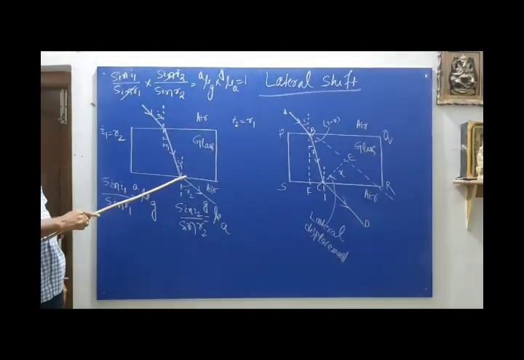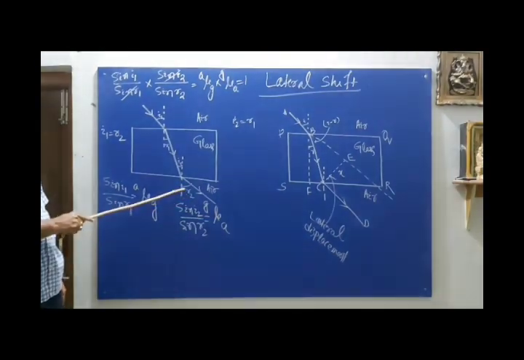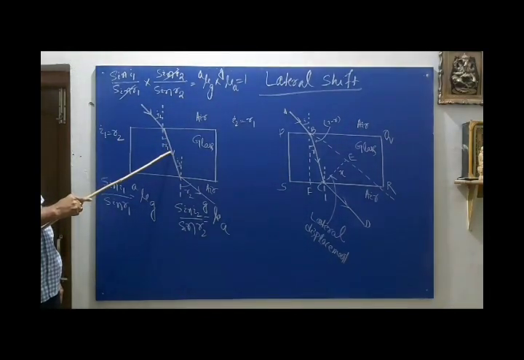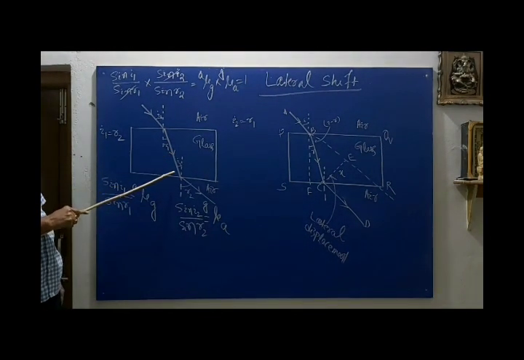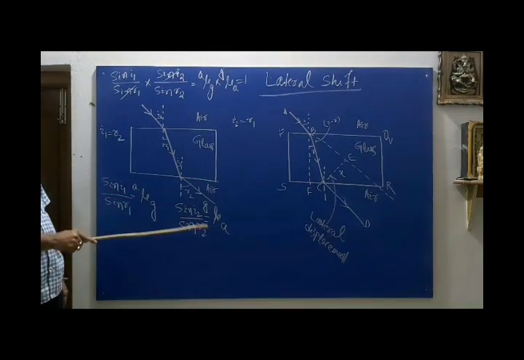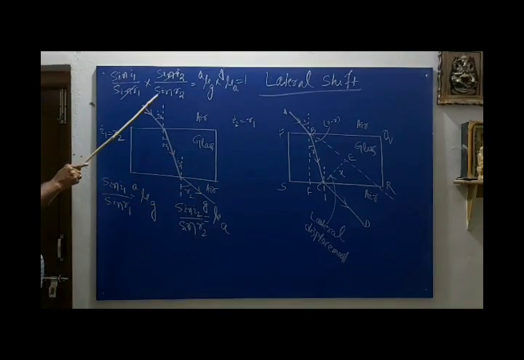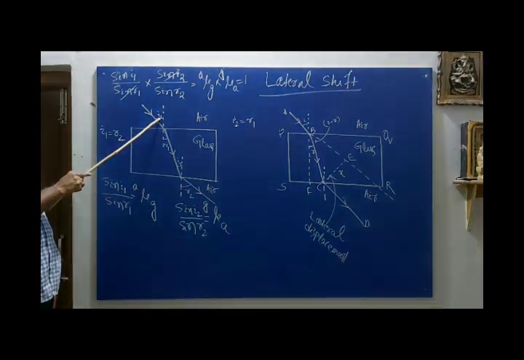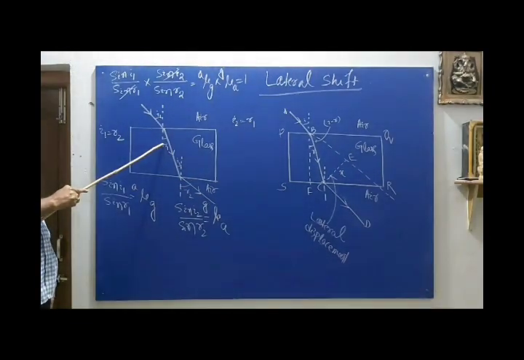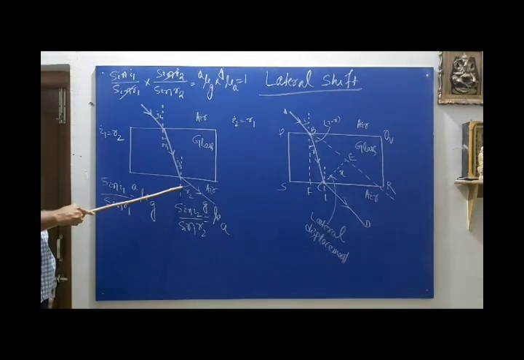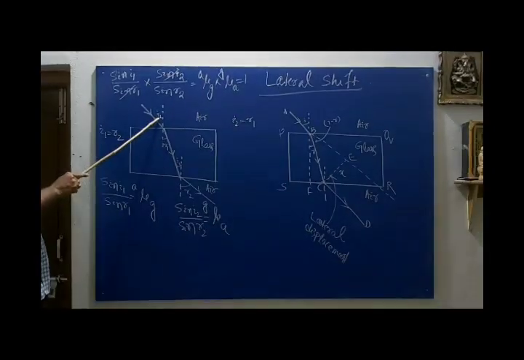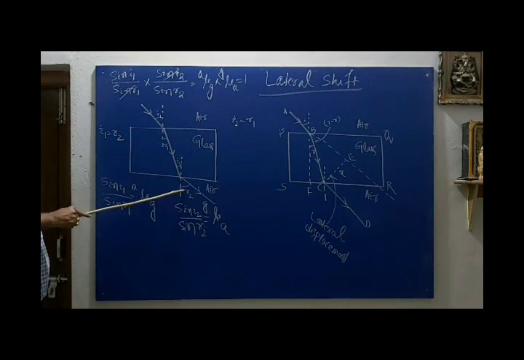So when the ray of light is finally refracted and comes out from the denser medium, that is called the emergent ray: incident ray, refracted ray, emergent ray. Angle of incidence, angle of refraction, angle of emergence. From the proof, I1 equals R2.